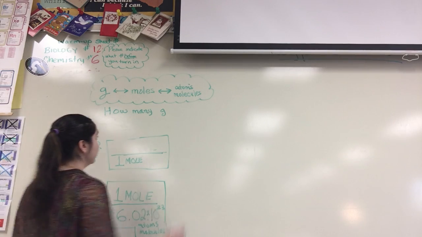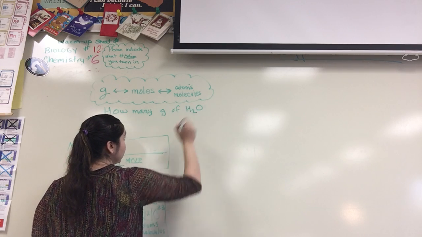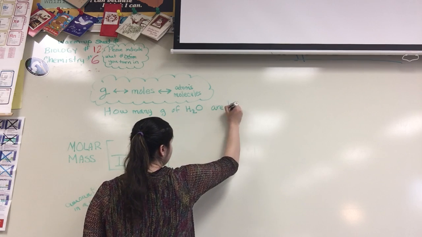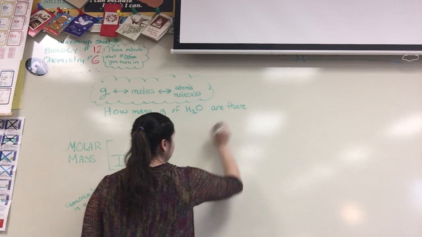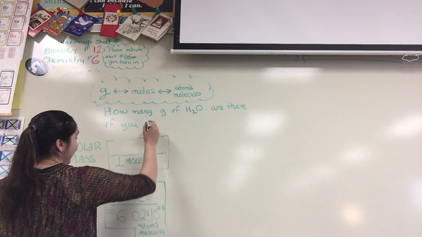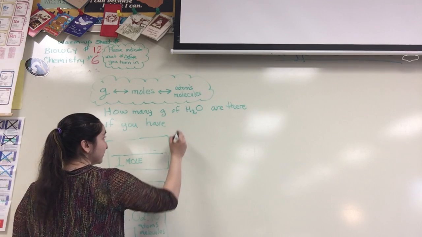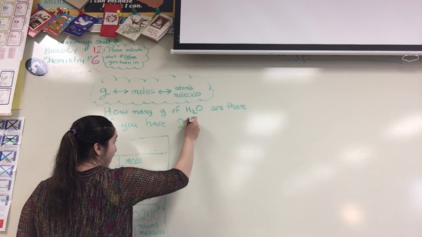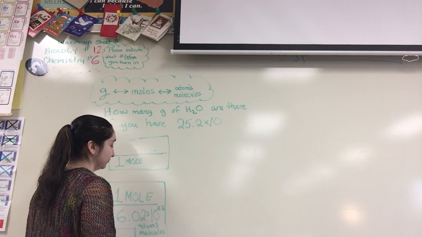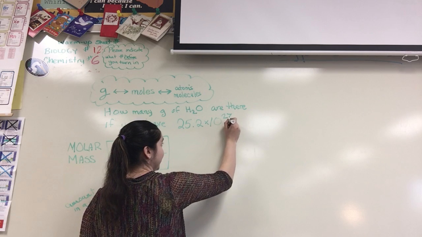All right, so how many grams of water, H2O, are there if you have an obscure number, 25.2 times 10, I don't know, to the 27th molecules.